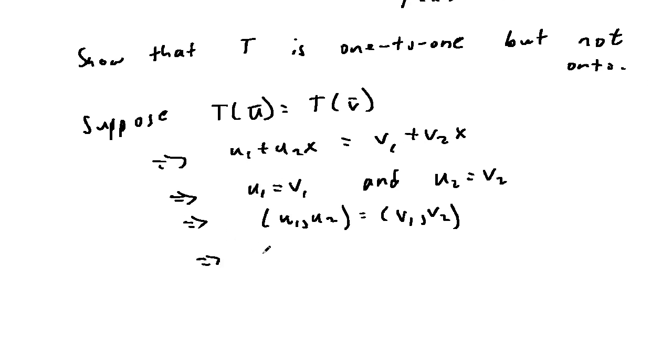So the vector U equals V. But that's what we wanted to show. If T of U equals T of V, then U equals V. That's just what it means for T to be 1-to-1.